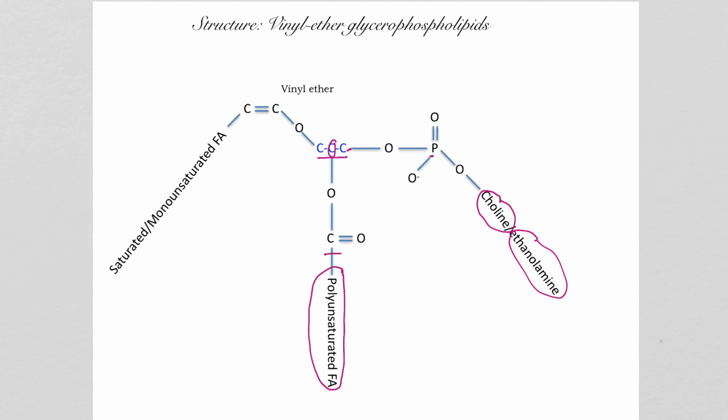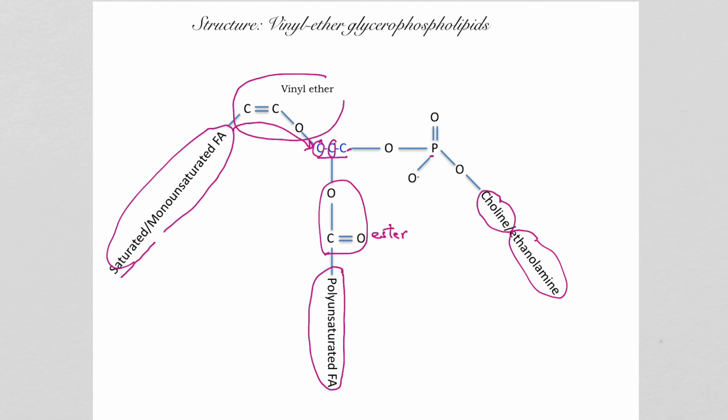And you can see this is connected by an ester. That's the normal way in which most fatty acids are connected to the glycerol, through an ester. And then on the other end of the glycerol chain is either a saturated or monounsaturated fatty acid connected to this carbon through the vinyl ether linkage.